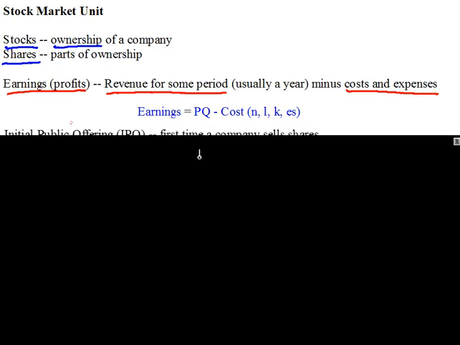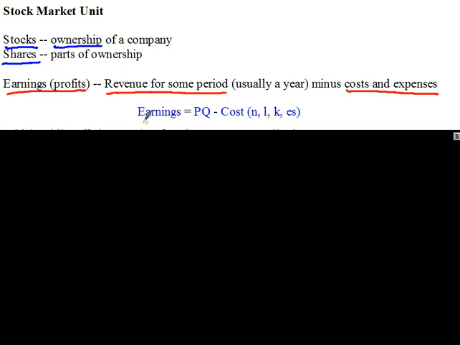So if we write that as a formula, we would say that earnings or profits are equal to revenue. Revenue is price times quantity, the price of the good times the number of units that you sell, minus your cost for your resources, which are land, labor, capital, entrepreneurial skills. We talk about those on another playlist.